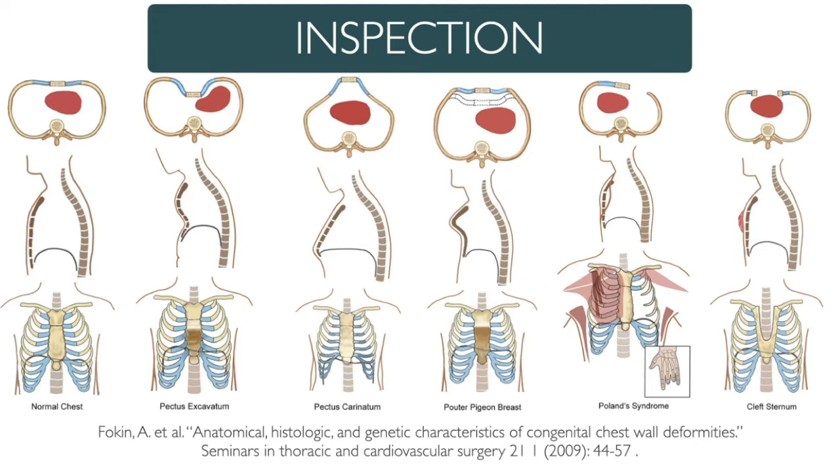And then you also have Poland syndrome, wherein you have other deformities as well, including the hands and the incomplete formation of your rib cage, particularly the cartilaginous aspects of your ribs in connection to your sternum. And then you have a cleft sternum, which can be associated with other cardiac defects.